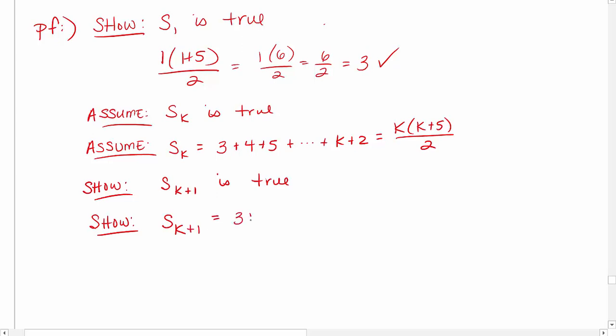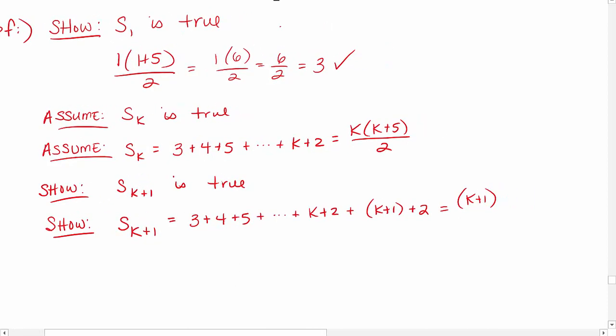3 plus 4 plus 5 plus k plus 2 plus k plus 1 plus 2 is equal to k plus 1 times k plus 1 plus 5 all over 2.